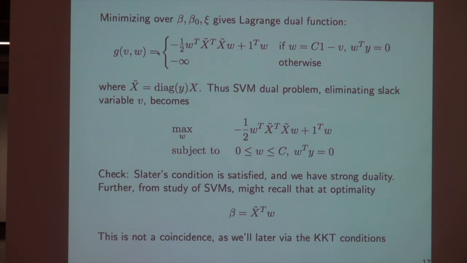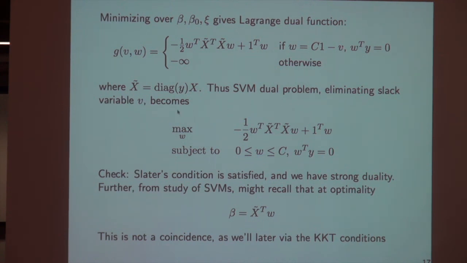So that's the Lagrange dual function. It's a function of V and W. And therefore, the SVM dual problem becomes maximizing this function over all dual variables W and V, subject to these constraints. And all I've done is I've eliminated the slack variable V.